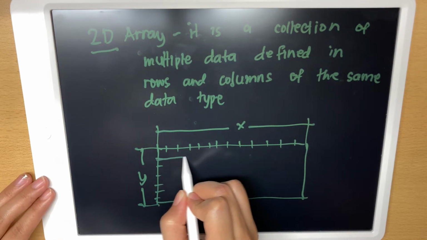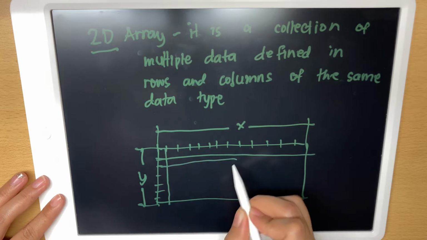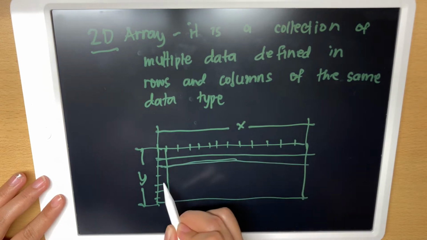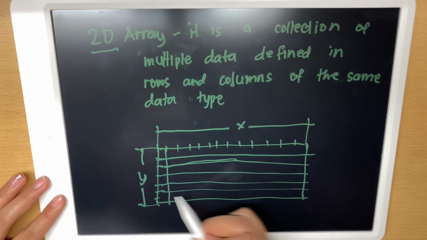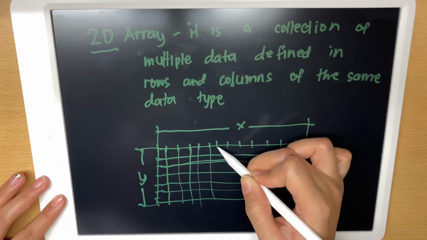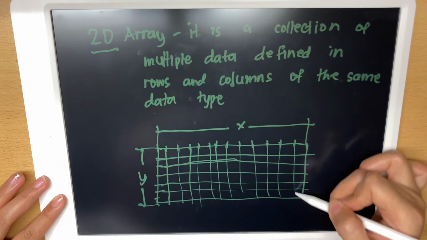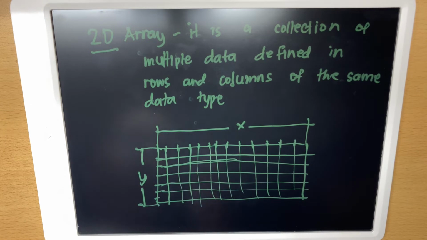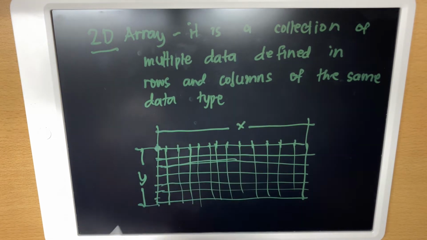And if we combine the X and Y, it would form like this. So here, this will be the origin, starting at 0 and starting at 0.